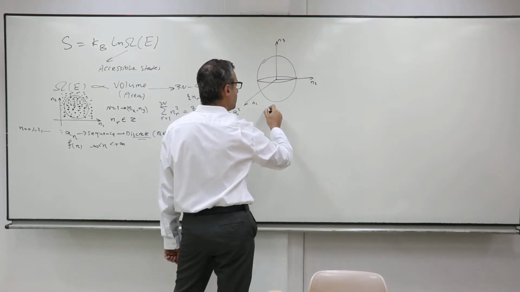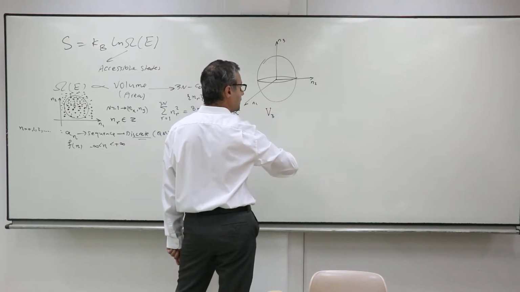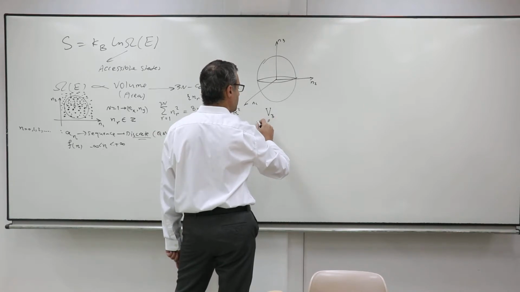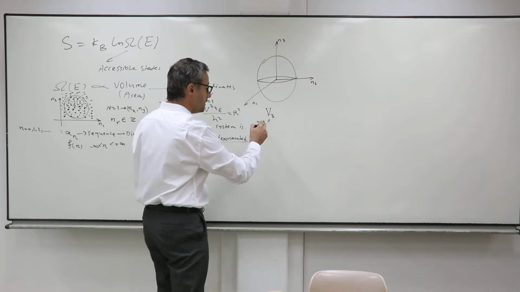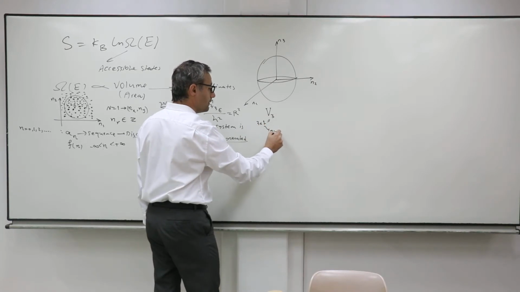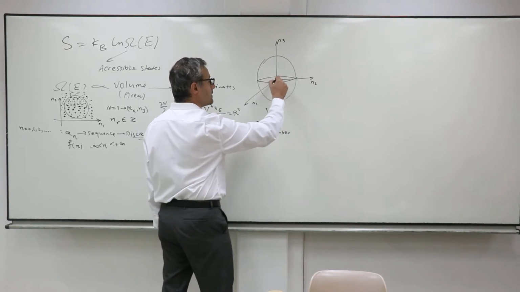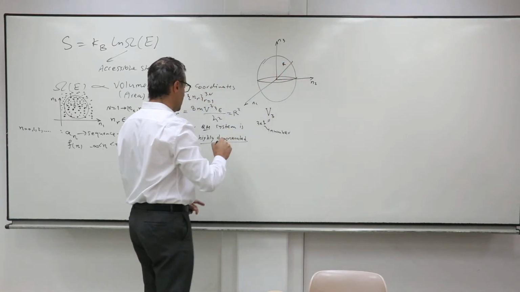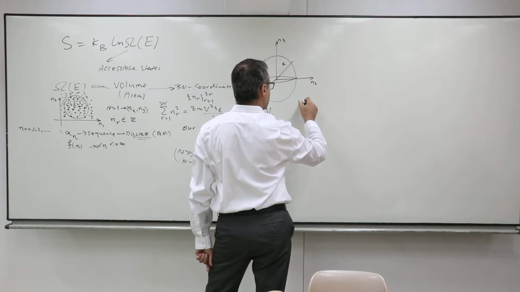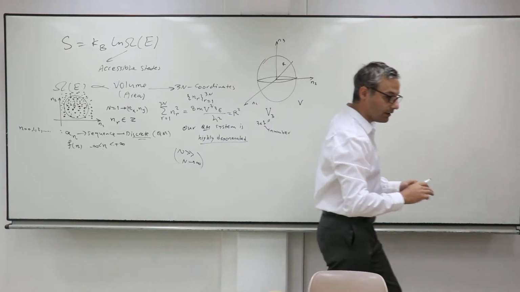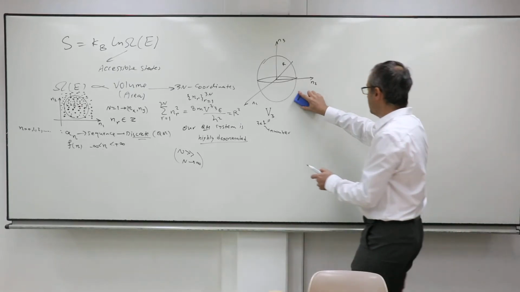So the volume of this, I can call it V3, because you have one particle and you have 3 dimensions actually. This can refer to the number of particles. And this is R. I want to tell you that the volume is proportional to R cubed.